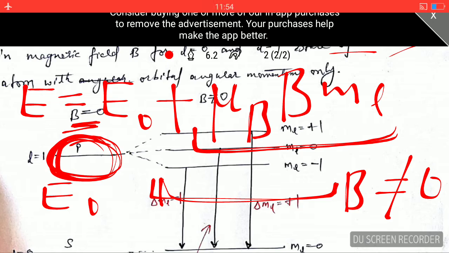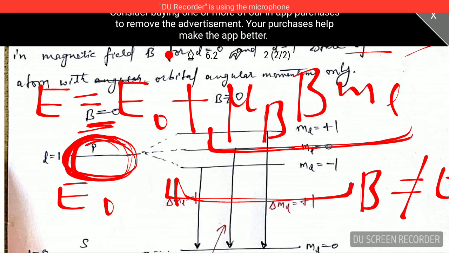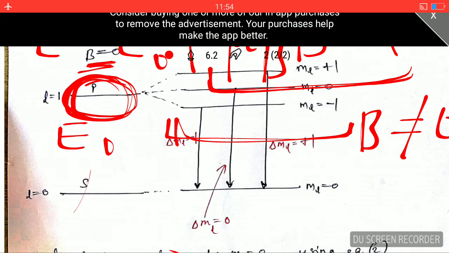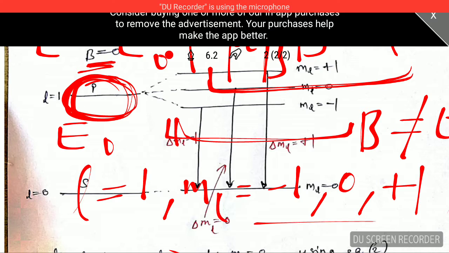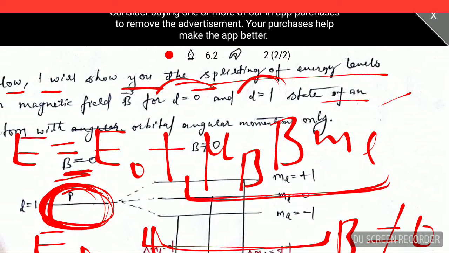Since B is not equal to 0, for l equals 1, m_l will have -1, 0 and +1. It will have three values.